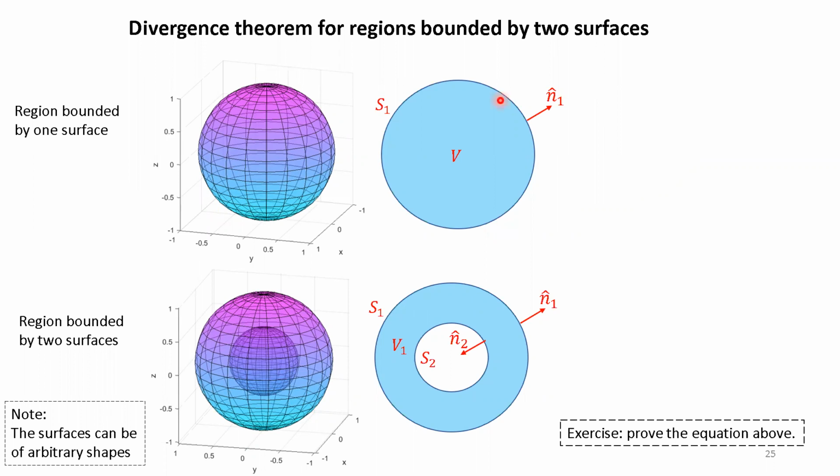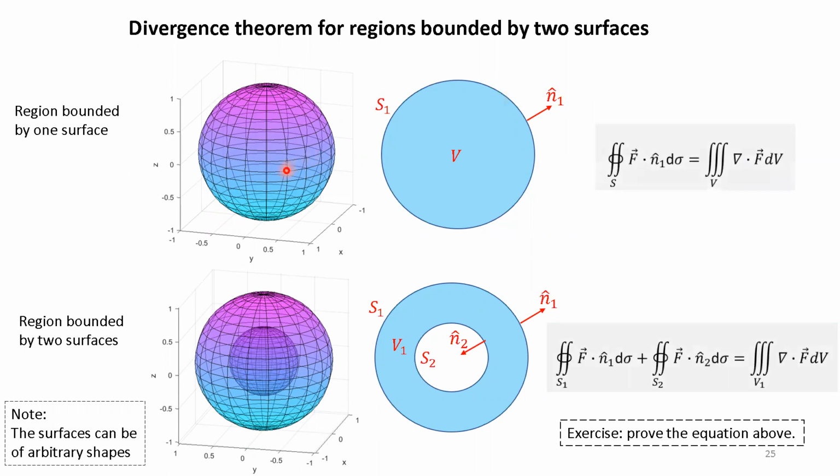Usually, when we use the divergence theorem, first of all, we have this closed surface, for example here a spherical surface, and we are considering the entire completely filled volume inside this closed surface.